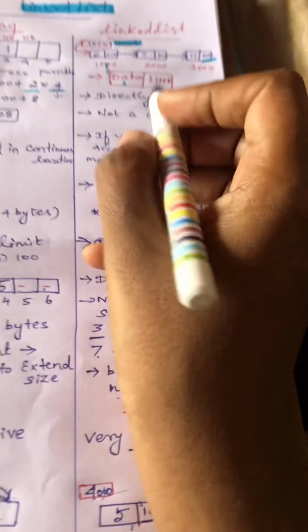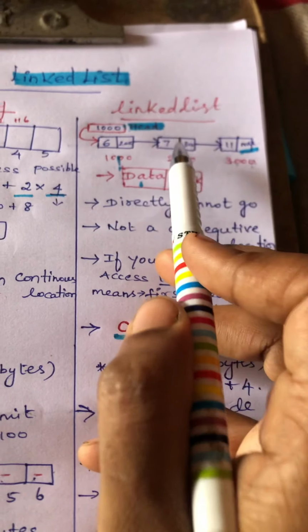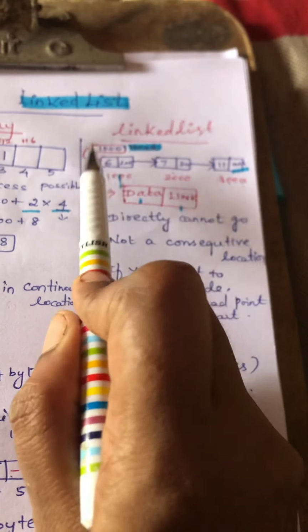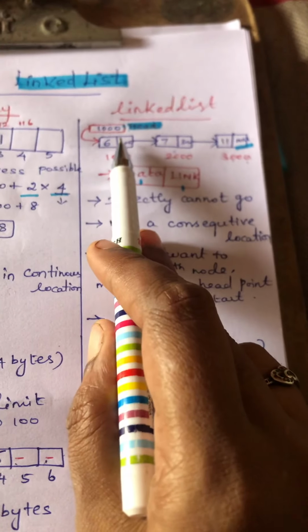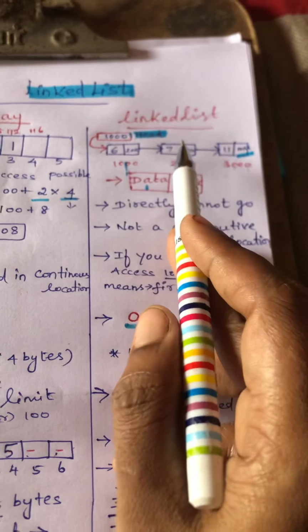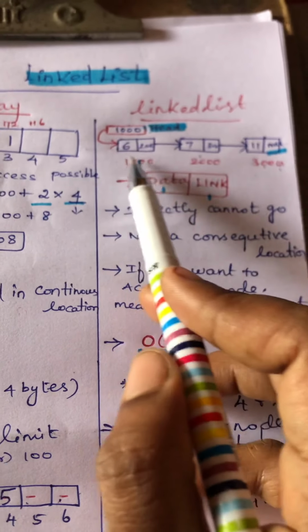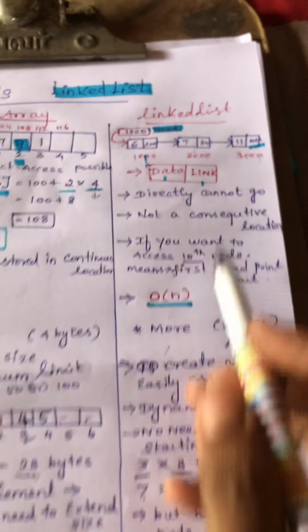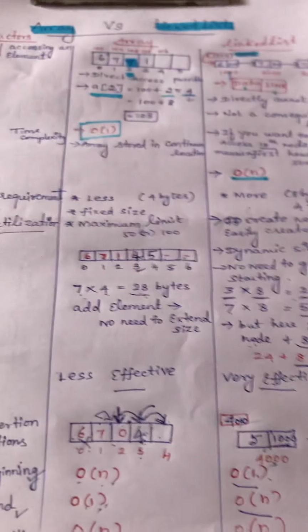If I want to add at a middle position, same process. I can't go directly; I start from the first position because the nodes occupy different locations, not consecutive ones. So I start from the head pointer and move by the address pointing. At that time also the time complexity is order of n.